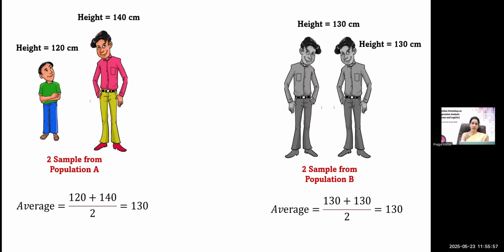So again, in regression, what is the concept of variance? If you see the mean in this example, take these two people. One person has a height of 120 and another has a height of 140 centimeters. The mean is 130. Again, these are two people having 130 centimeter height, so the mean or average is 130.